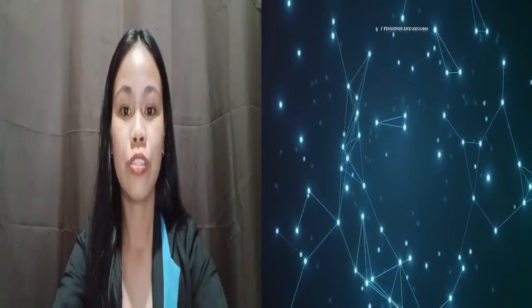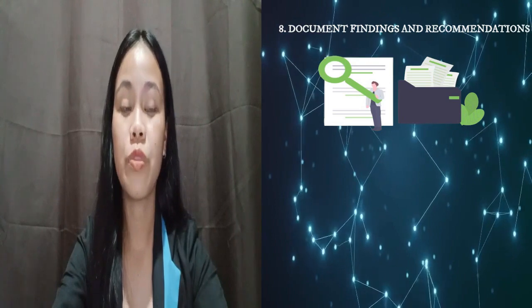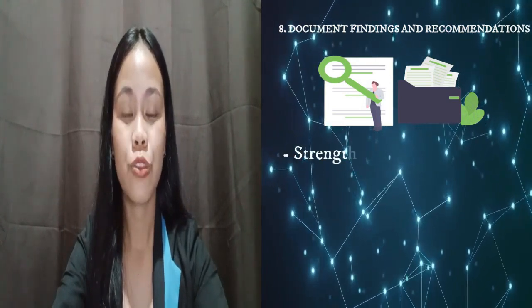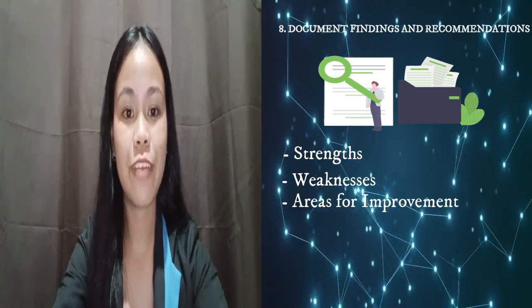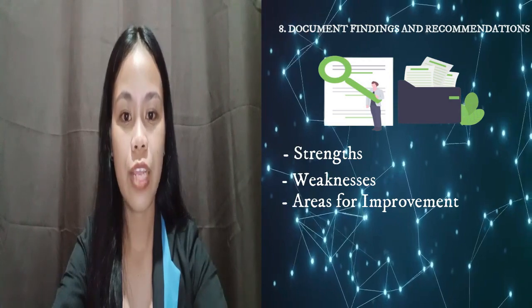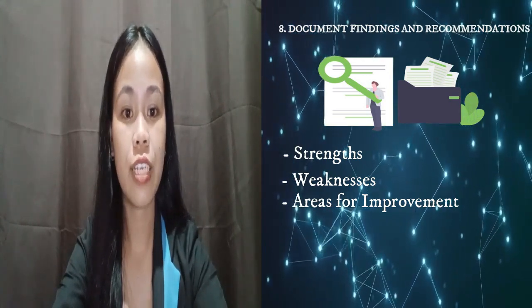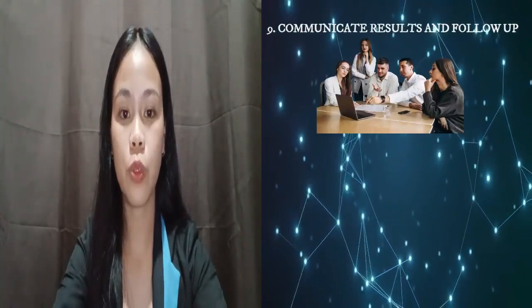Next is document findings and recommendations. Document findings of the audit, including strengths, weaknesses, and areas for improvement identified during the evaluation. Provide actionable recommendations for addressing identified issues and enhancing systems development processes. Ensure that recommendations are prioritized based on their impacts and feasibility. Lastly, communicate results and follow up.